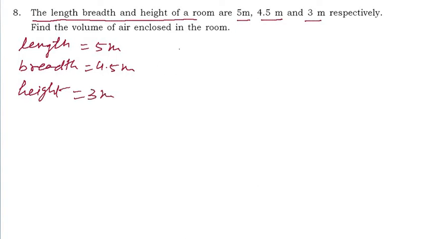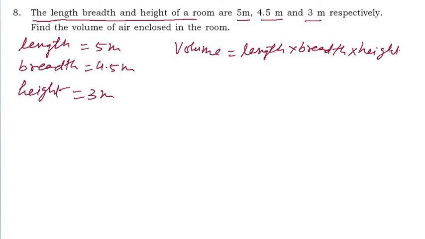Now find the volume. Volume will be equal to length into breadth into height. Now put the value. Length is given as 5 meter, breadth is 4.5 and it is 3. Now multiply this. 5 times 3 is 15, into 4.5. Now multiply here.